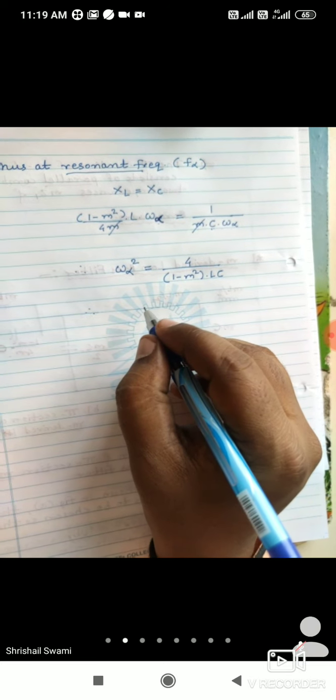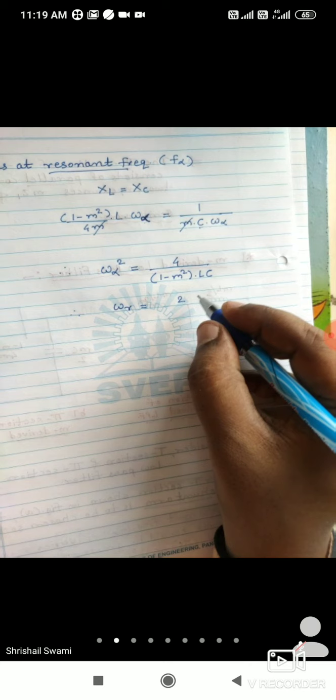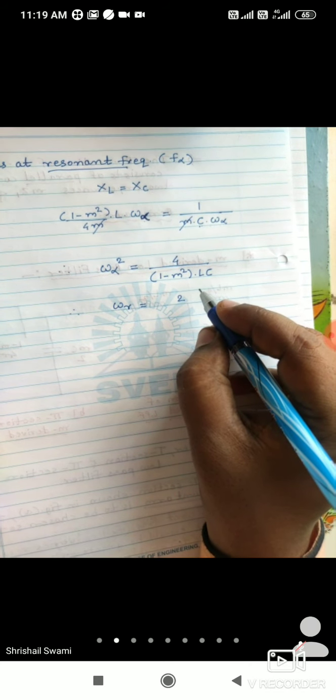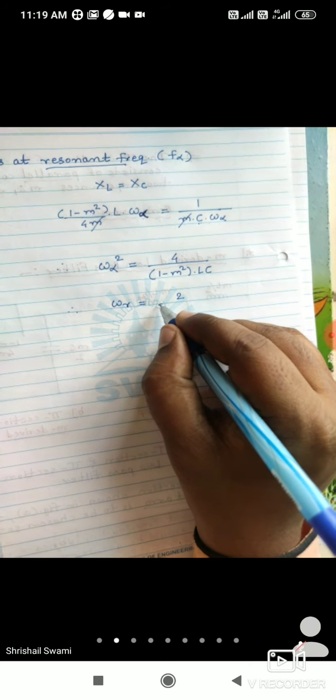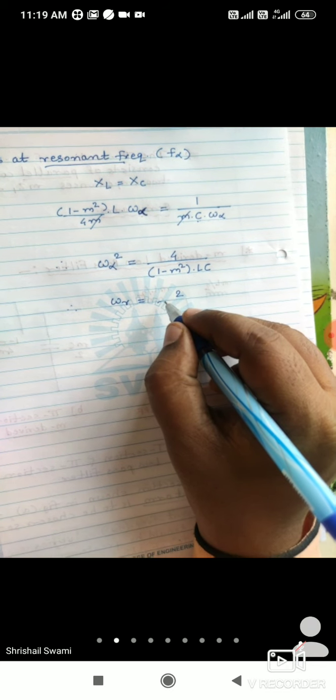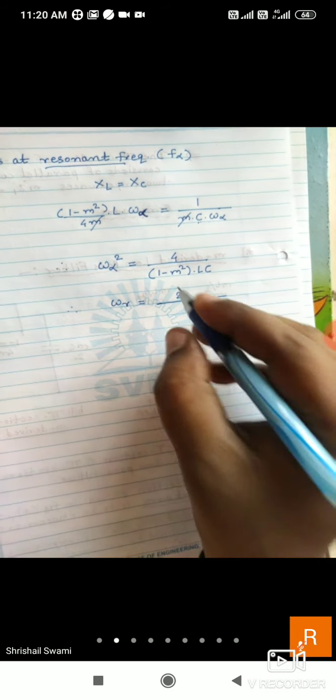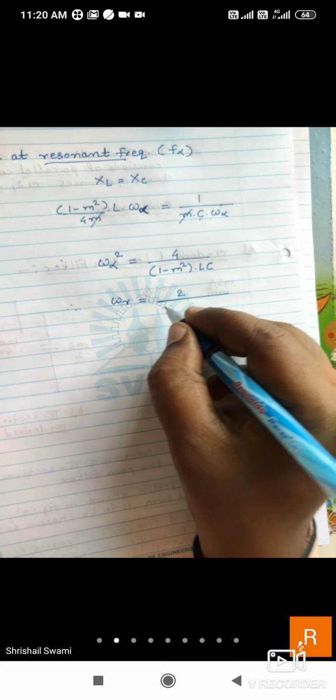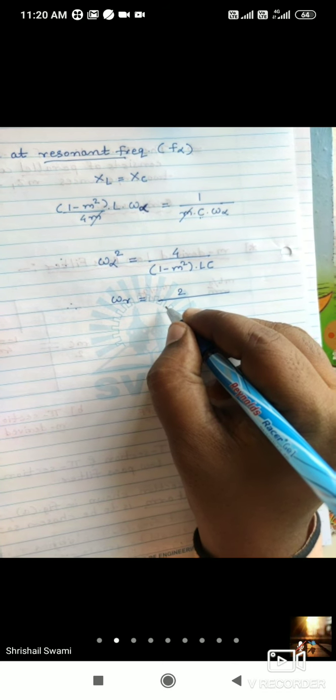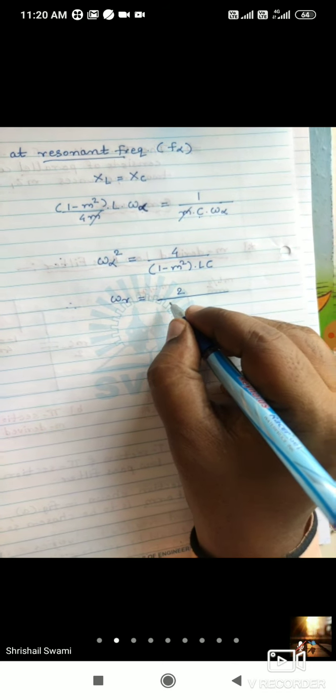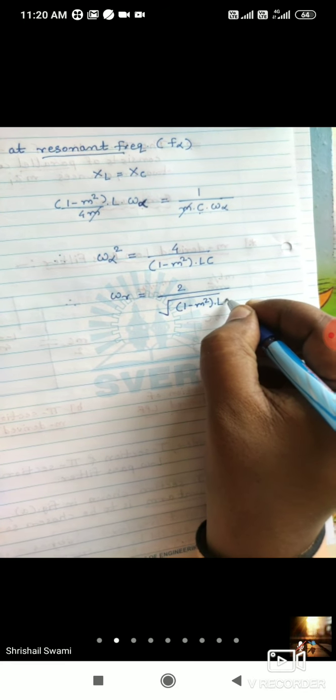Okay, so take the square root on both sides. If we take the square root, omega R is equal to 2 upon under root 1 minus m square into LC.